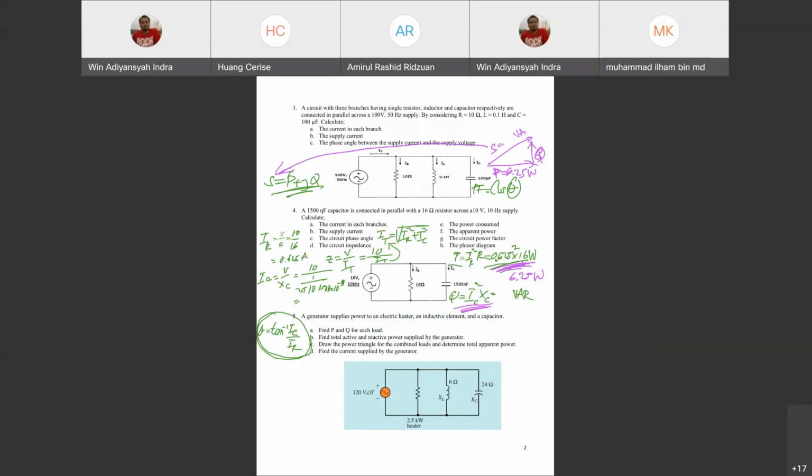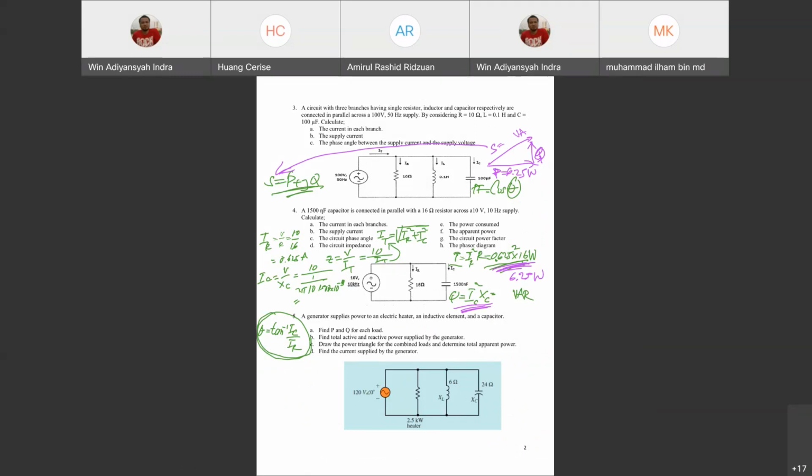So P plus JQ. Put the value. Put the magnitude. This is the S in magnitude.